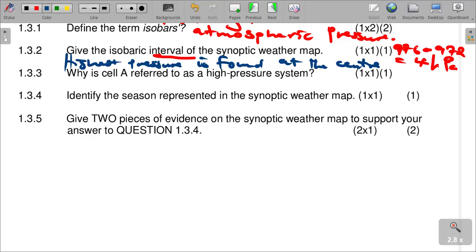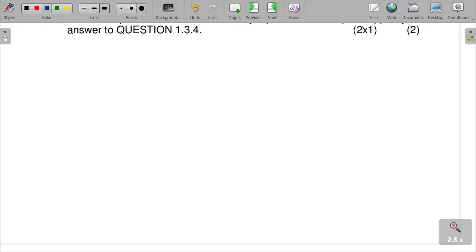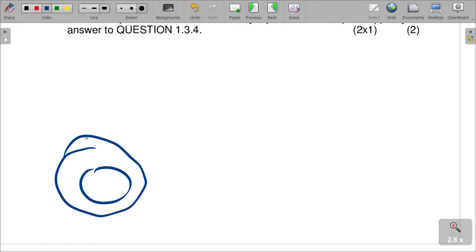When we talk about pressure systems, I can show you through different illustrations.